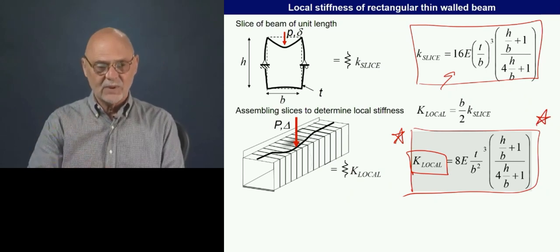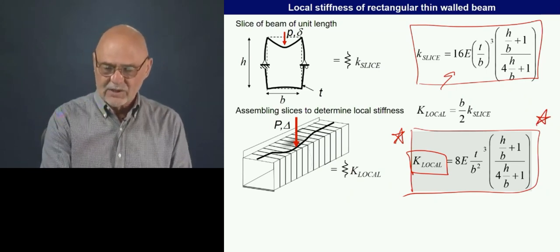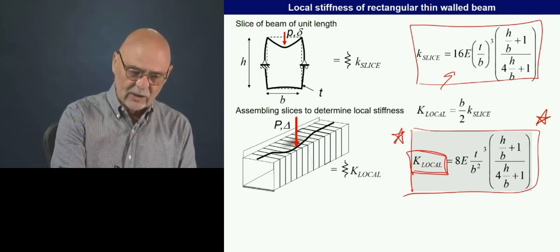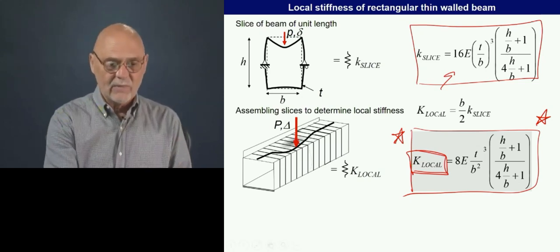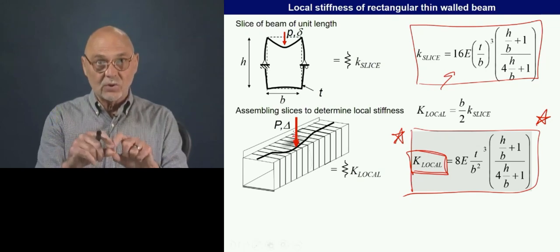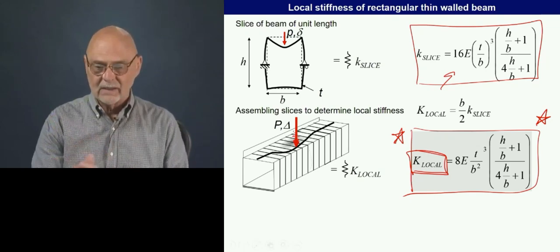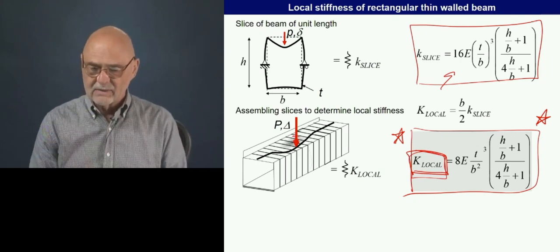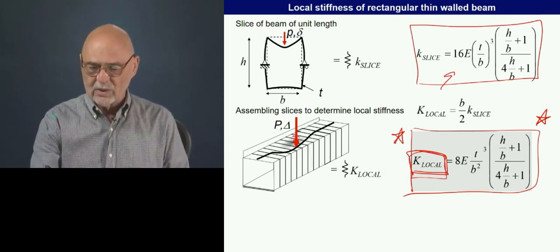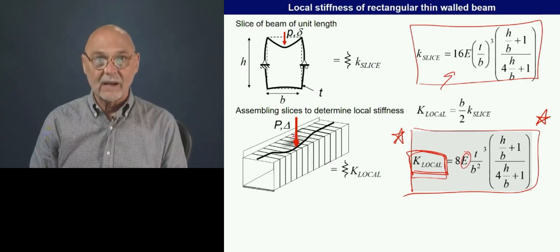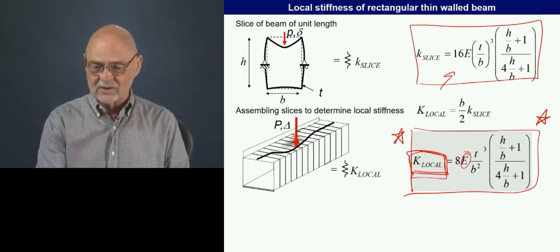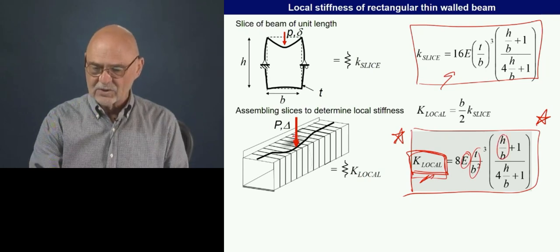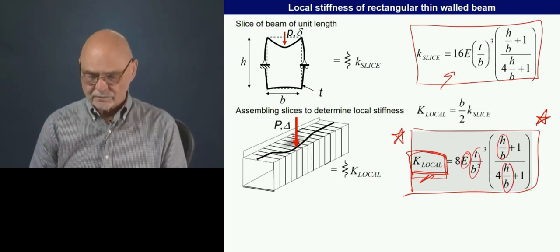So this local stiffness is what we would measure if we applied a load to this section, and we would measure how much it distorted right under that load. So that's this value here. And again, the elements are what we would expect. It's a function of Young's modulus: the higher the Young's modulus, the higher this is. It's a function of the thickness, and it's a function of some of the dimensions of the section.